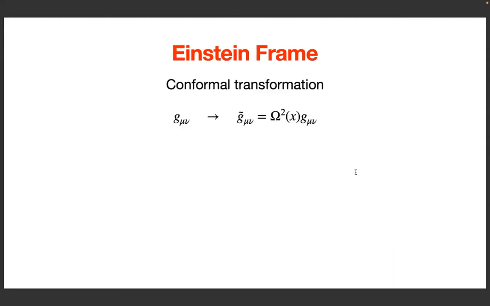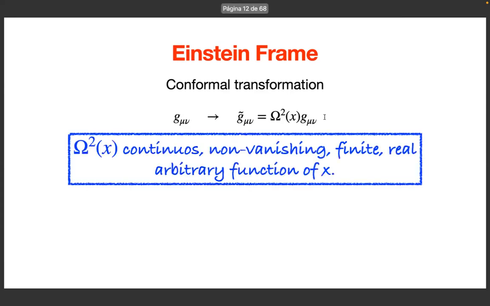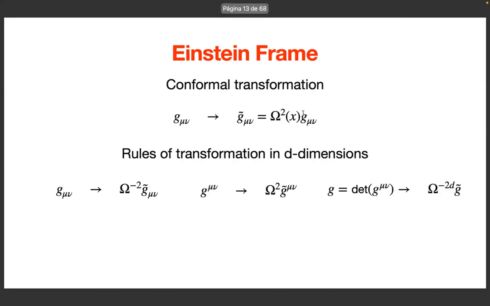One arrives at the Einstein frame by doing a conformal transformation, which is basically taking our metric and multiplying it by a function that should be continuous, non-vanishing, finite, and real, and should be arbitrary for any value of x. By doing this, we are transforming our metric conformally. Here are some properties of the transformation rules in d dimensions.